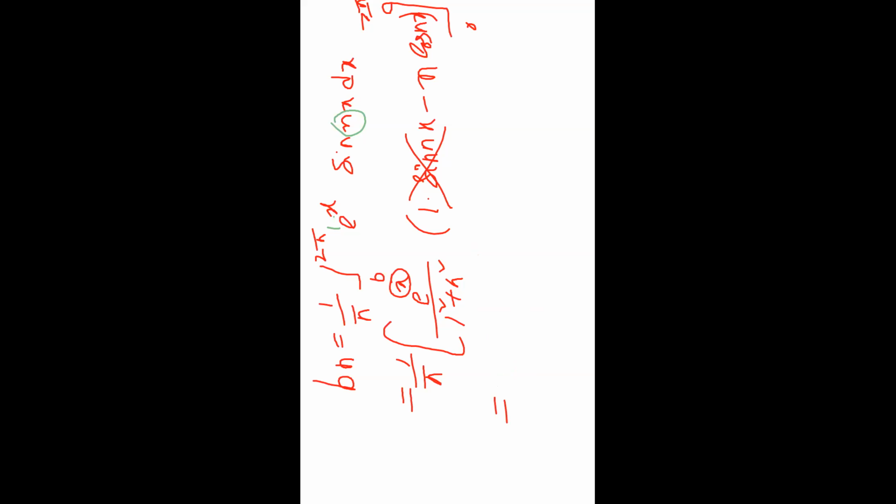So the final constant terms are minus n into pi, already outside. 1 plus n square is also constant, and the remaining value e power x, replace upper limit e power 2 pi and cos 2n pi, minus lower limit e power 0 and cos 0.